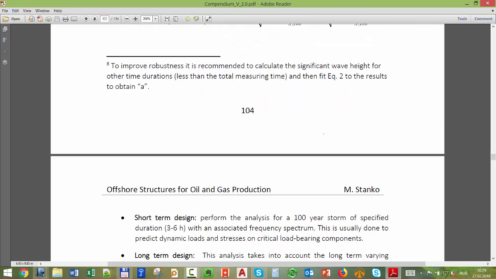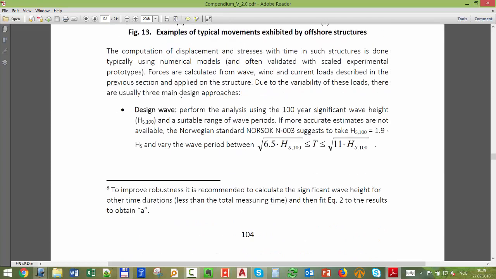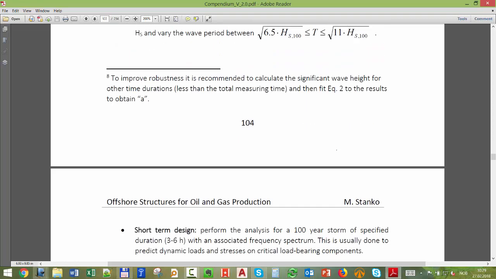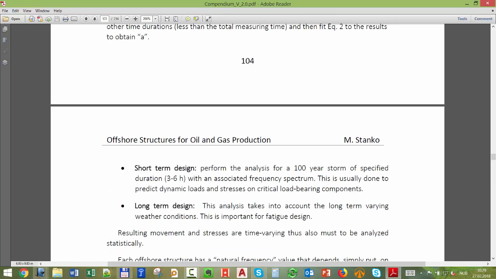Again, here's something I didn't mention, that you have different approaches. Like I told you, you can make a design just for the significant wave of 100 years. And for the period, there's a standard that tells you that you have to make at least one analysis under these conditions. But then you have all kinds of short term. You may want to make sure what happens during a storm, so you want to make enough simulations during a storm, during 3 to 6 hours.